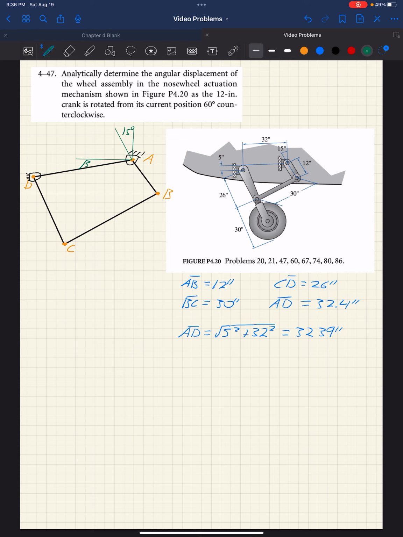And that's simple enough because we have our given 5 inches and 32 inches. So solving beta is nothing more than the inverse tangent of 5 over 32. And that gives us beta equal to 8.9 degrees.